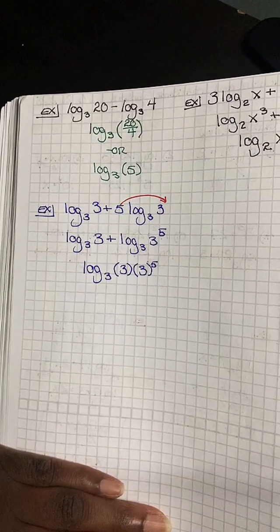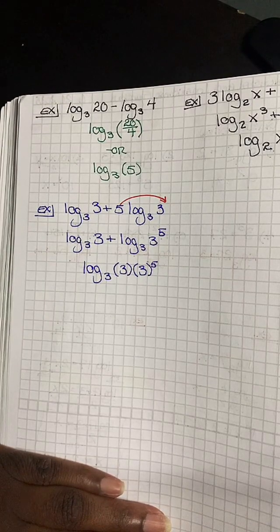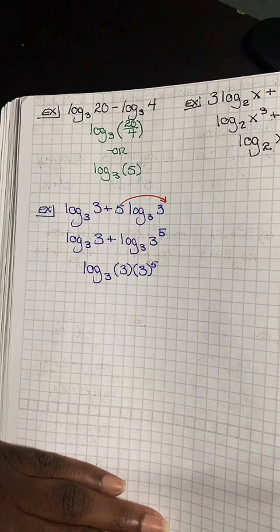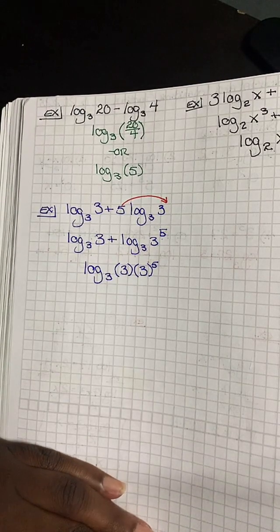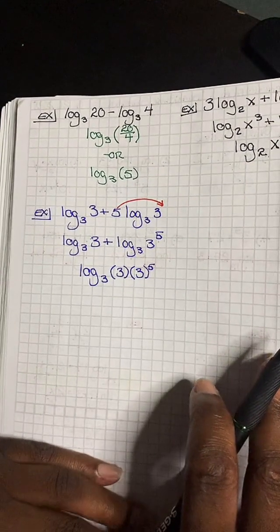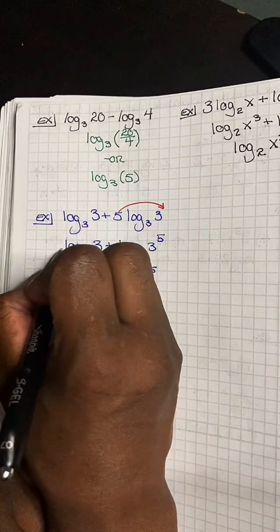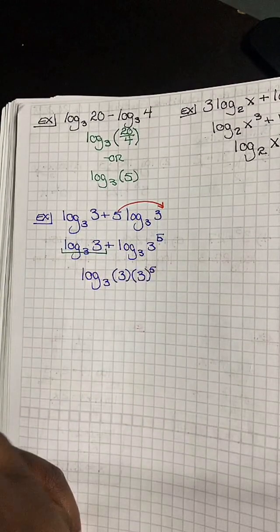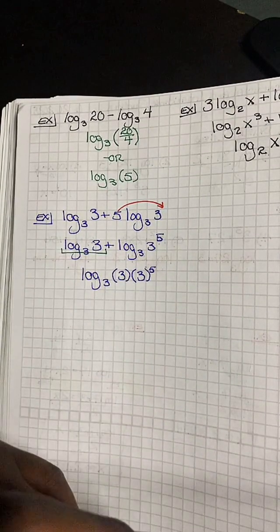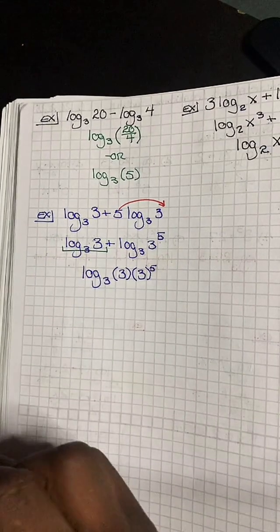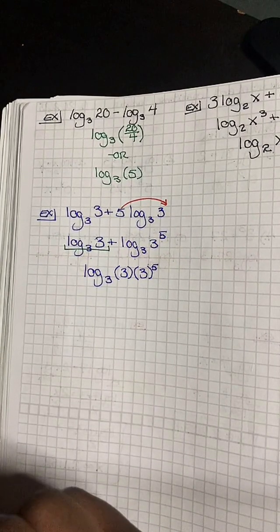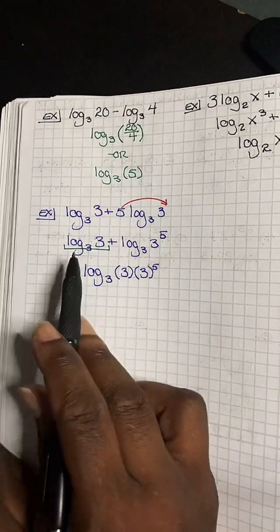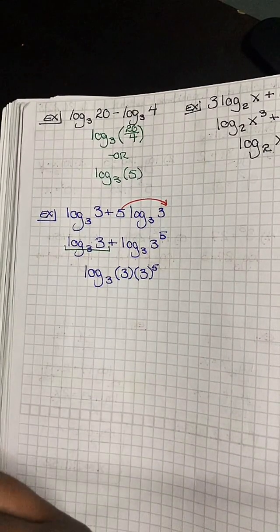But if we want to, we could simplify this, because this looks kind of crazy. The way that I say it could be cleaned up a lot better. If I think of it as an exponent, 3 raised to what power will give me 3?